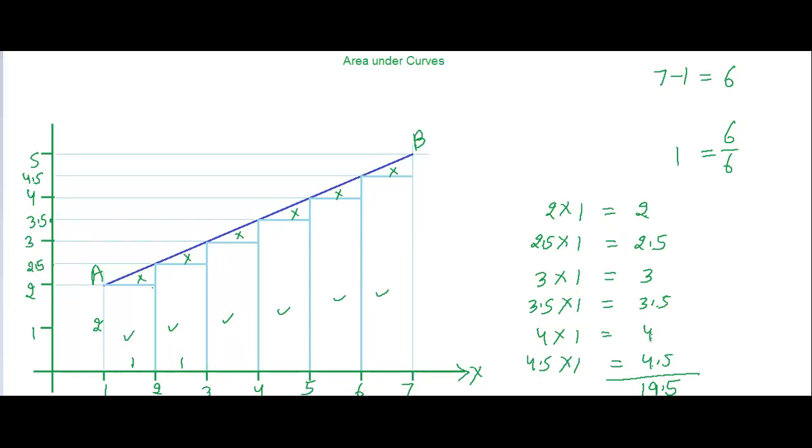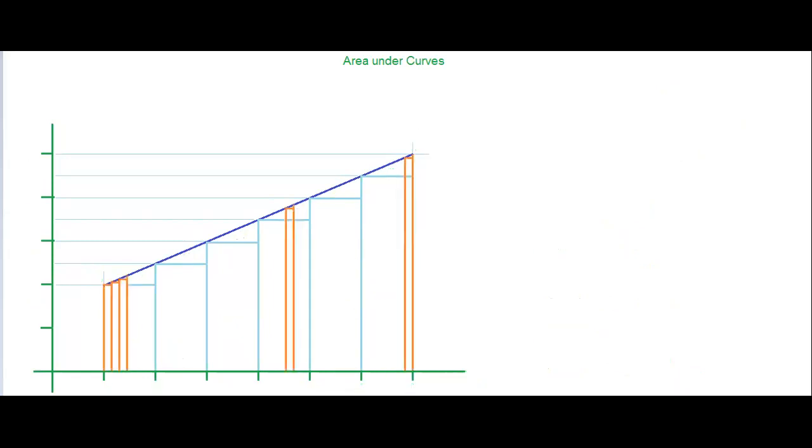Now, the next part, I am going to open. Again, I have the same line segment, AB. Its spread along the x-axis is from 1 to 7.